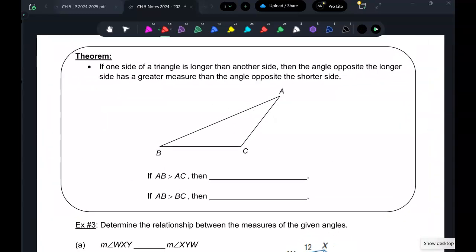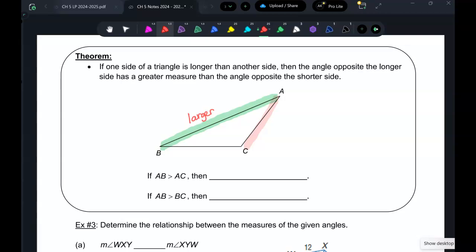Again, we're doing theorems, but remember I said we're not doing any of the proofs with this chapter. This one sounds really confusing when we read it. It's really not. It's basically saying if you have a longer side, let's say AB is the larger side than AC.